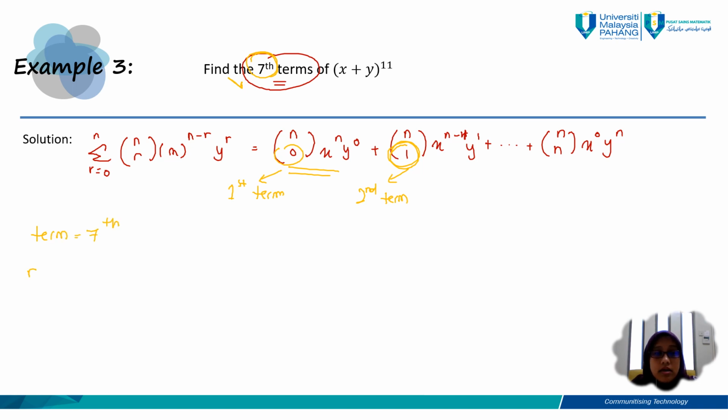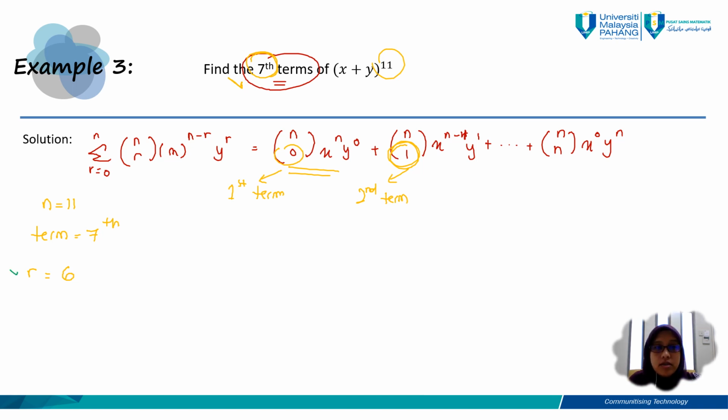So what is r? r must be 1 less than the term. So 7 minus 1 is equal to 6, and n is equal to 11. So actually, we are not going to expand everything to find the seventh term only. We just need to find r.